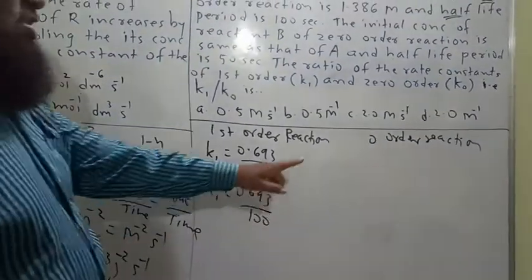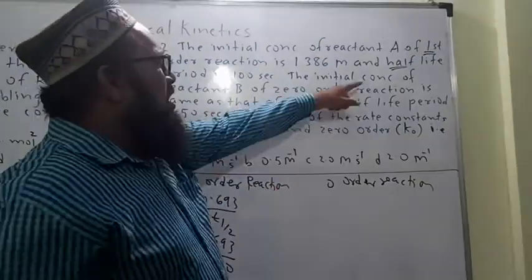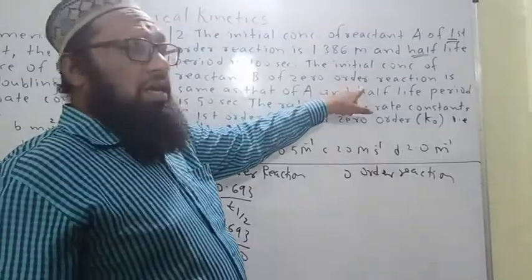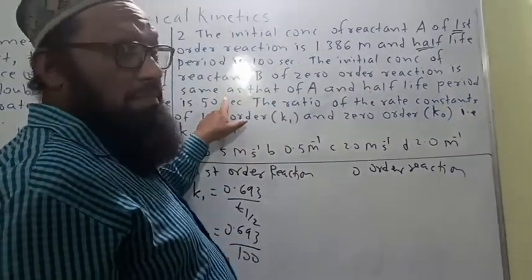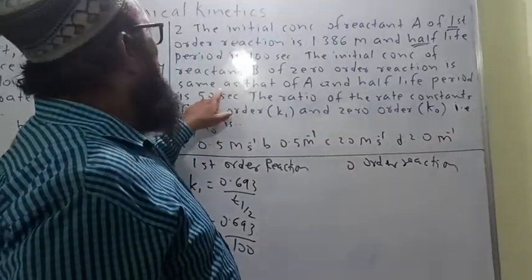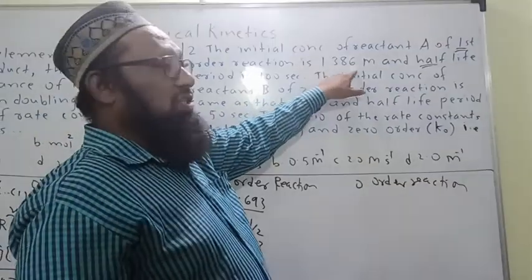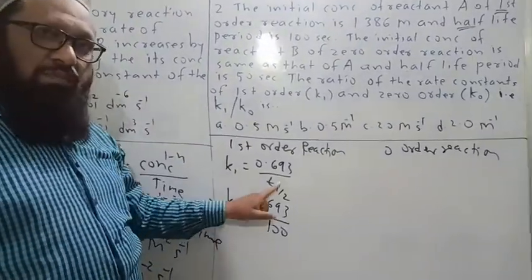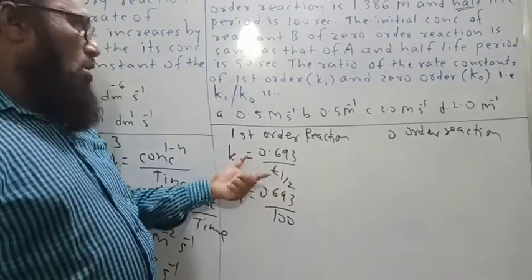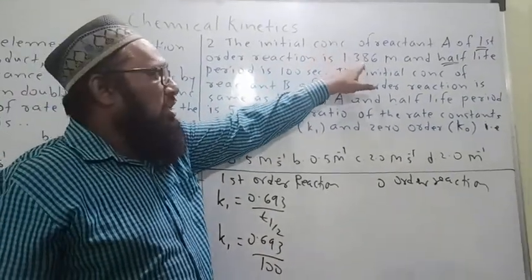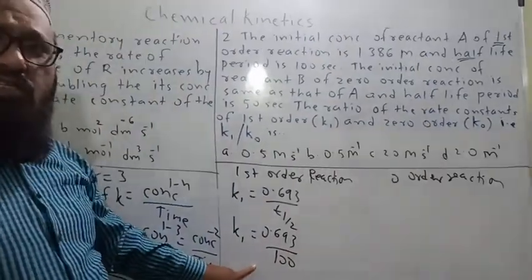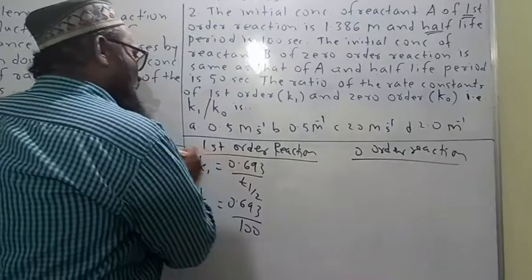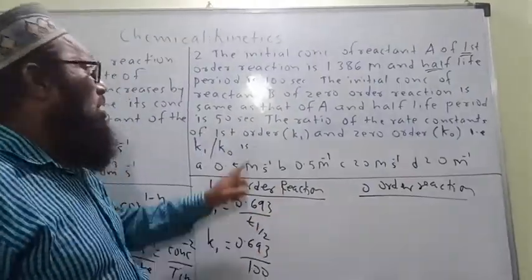Okay. Then for the zero order, what condition do we see? The initial concentration of reactant B of the zero order reaction is the same, meaning the initial concentration is 1.386 molar. Remember that for a zero order reaction, the half-life period does not depend on the initial concentration. But what is the relationship between half-life period and rate constant for a zero order reaction?